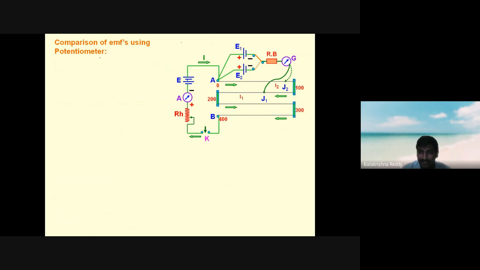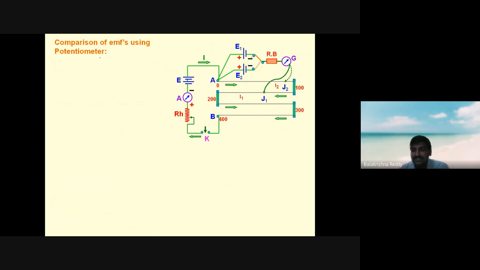At the position you are seeing, the dot point, we are using a two-way key. At a time we can connect only one; the other one we put in off mode, meaning it is an open circuit, and this one is closed.